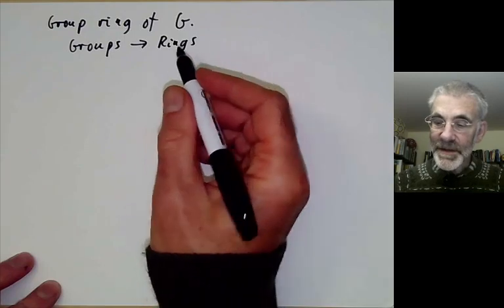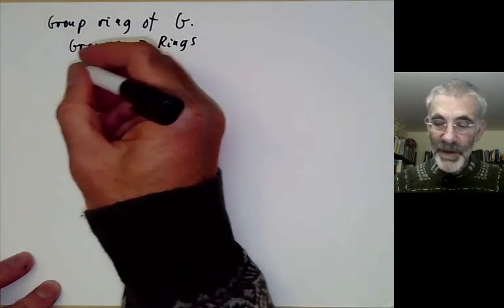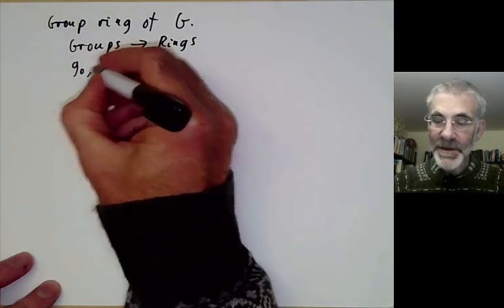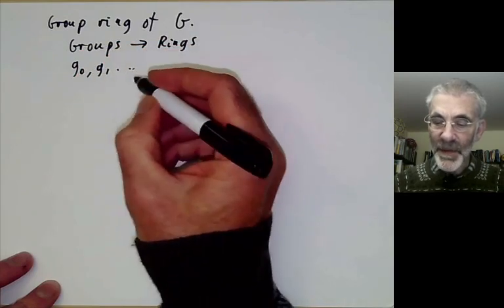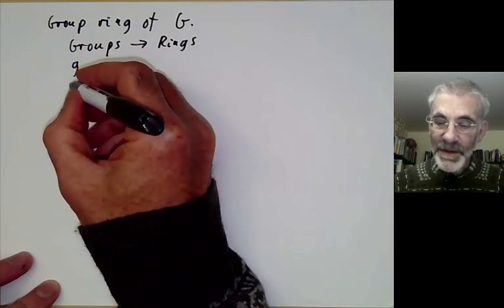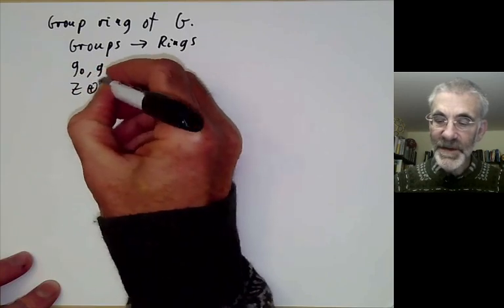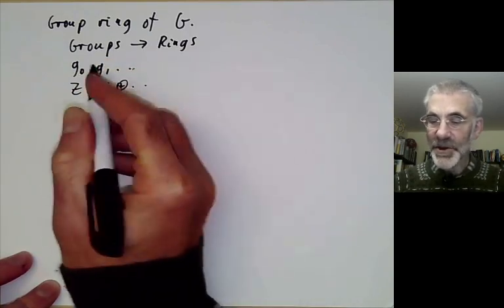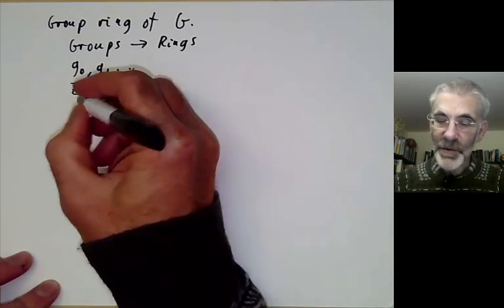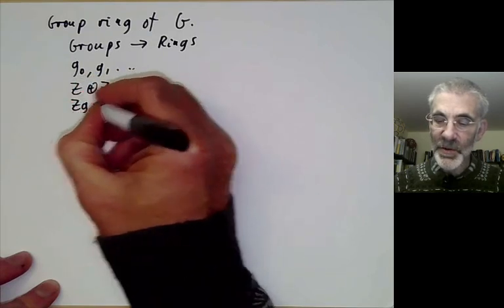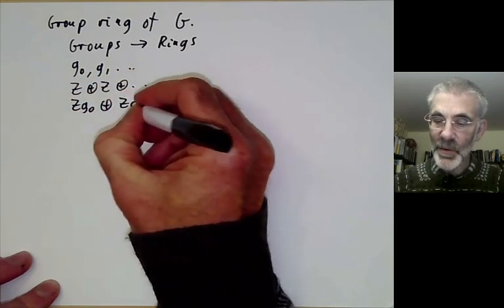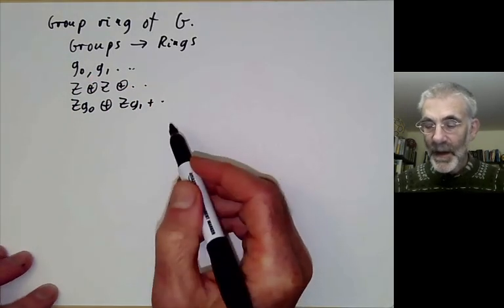So the construction of the group ring is fairly easy. What we do is we take the elements of the group to be g0, g1, g2 and so on, and we take the group ring to be a sum of copies of Z for each element of the group. So we can think of this as being Zg0 plus Zg1 and so on.